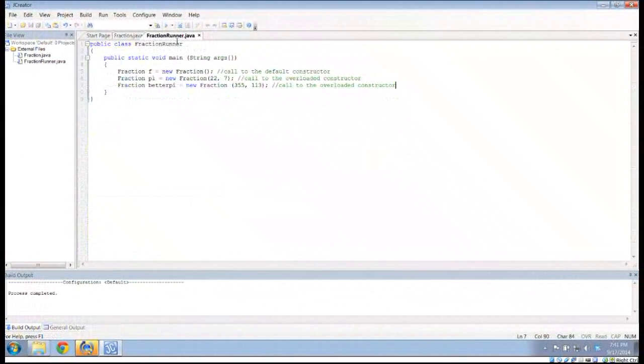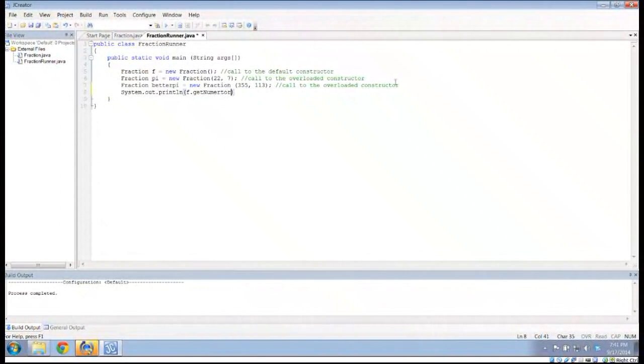And I'm going to go to my fraction runner. What I want to do is System.out.println f.getNumerator. So what I'm doing is telling f, the fraction from our default constructor, "Yo, f, what's your numerator?" And I'm going to get a value back, and I'm just going to print it to the screen.